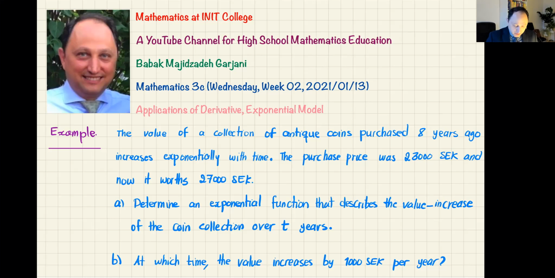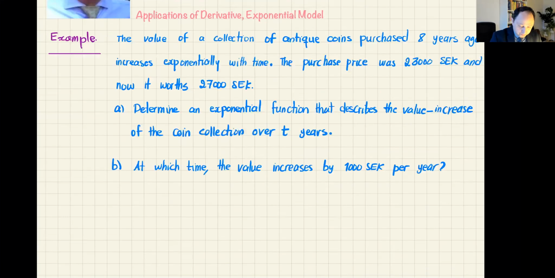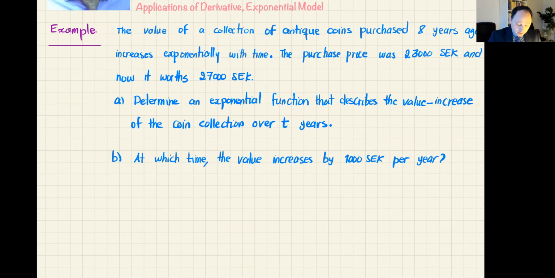Okay, so let me see how we can solve this problem. It is mentioned in the problem itself that the price increase follows an exponential model. Yes, it says that it increases exponentially with time.